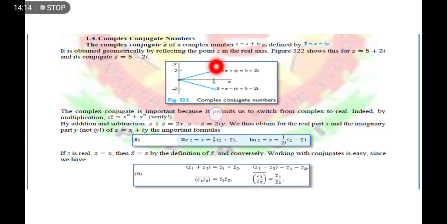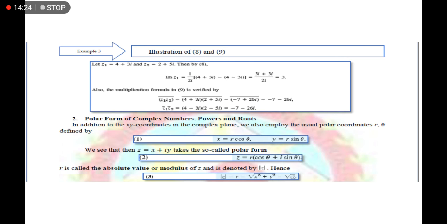As you can see here, they have the same real number which is 5, but a different imaginary number. Okay, so yan. So also read these examples about that one.